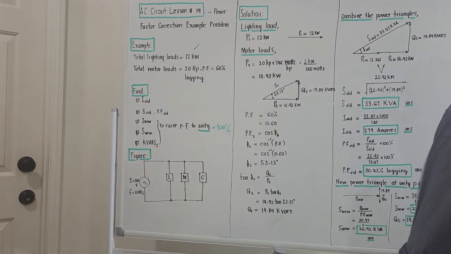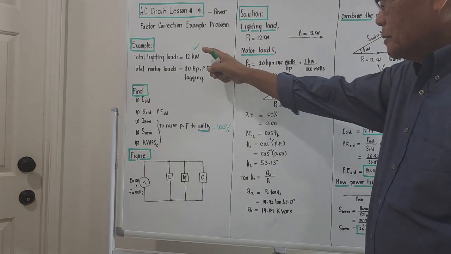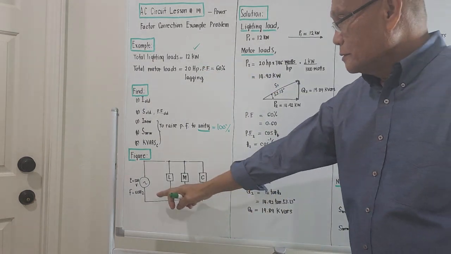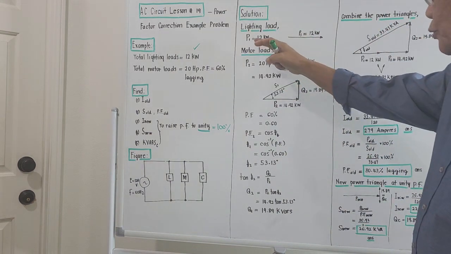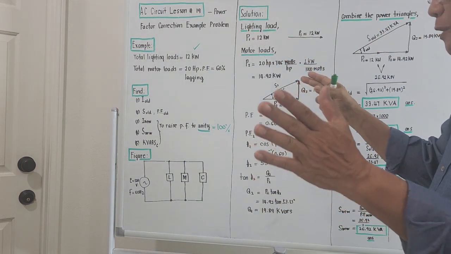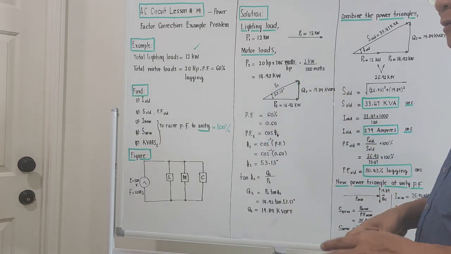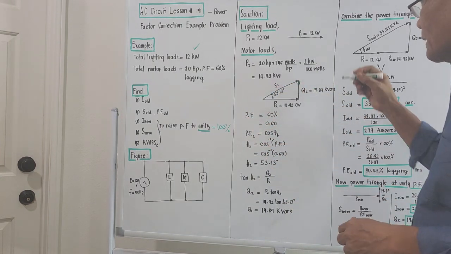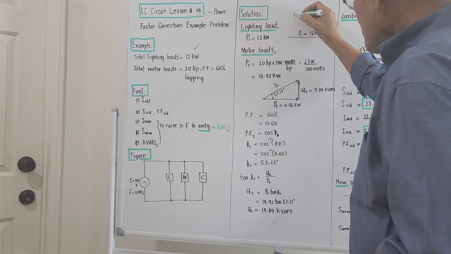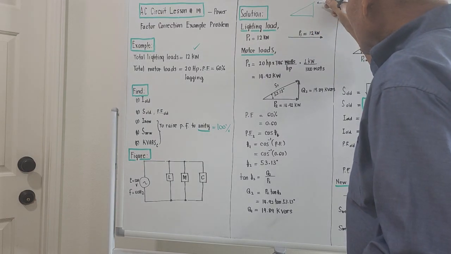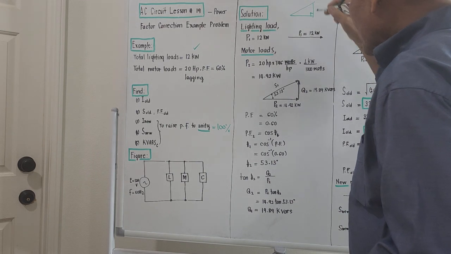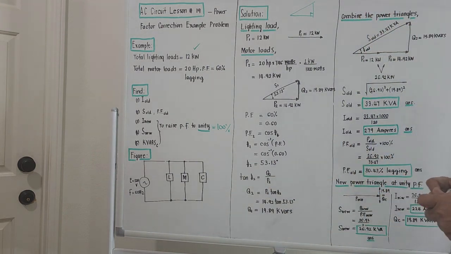To bring out the solution, we start with the lighting load. If we try to draw the power triangle of a lighting load, normally a power triangle is a right triangle.